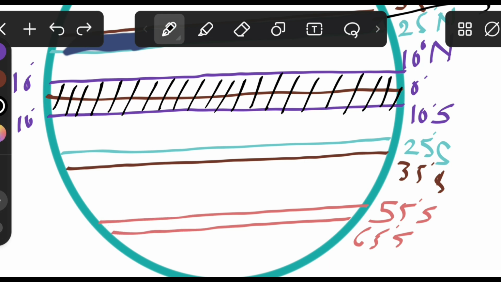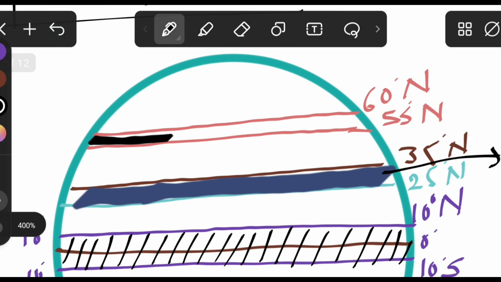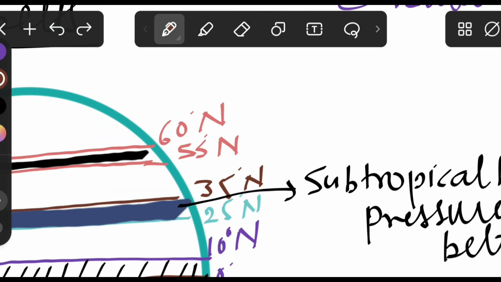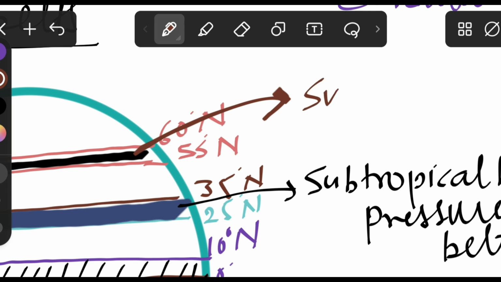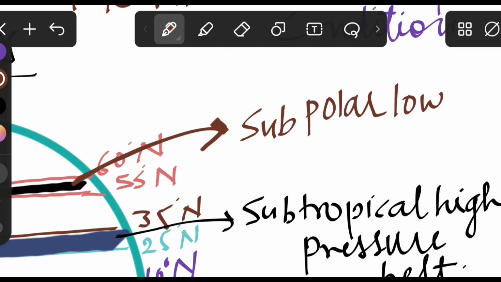So in the subtropical high belt, the air was descending towards the surface, while in the subpolar belt, it is moving upwards to the tropopause.